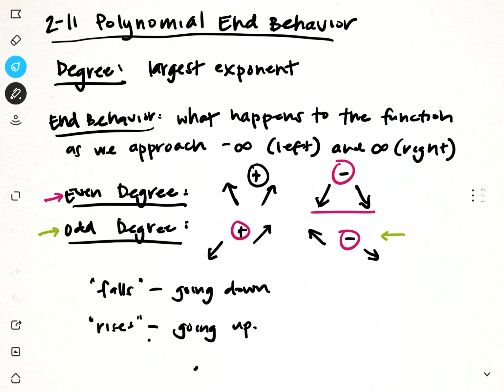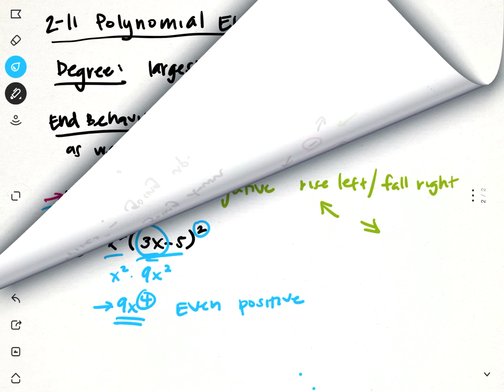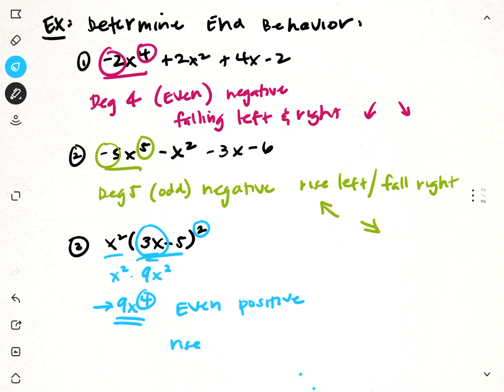If we go back here, we're looking at the even, positive, so rise, rise. So this is going to be rise left and right. If you would rather draw it, it looks like that.